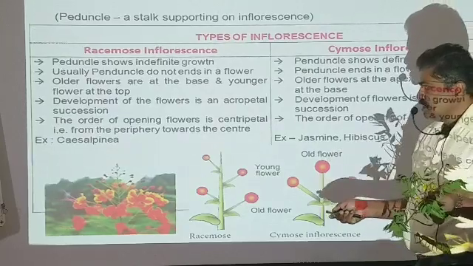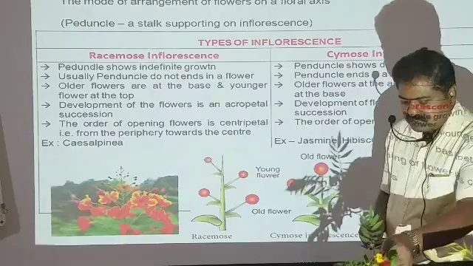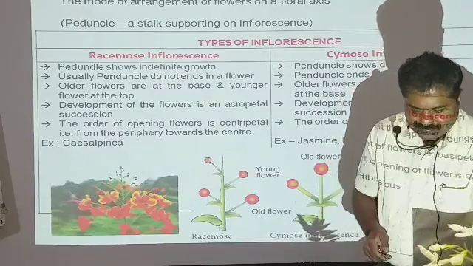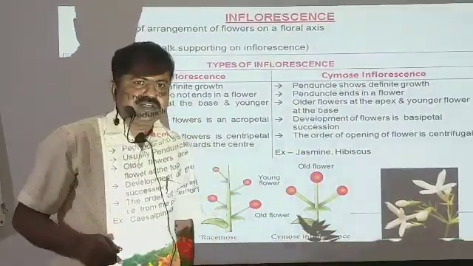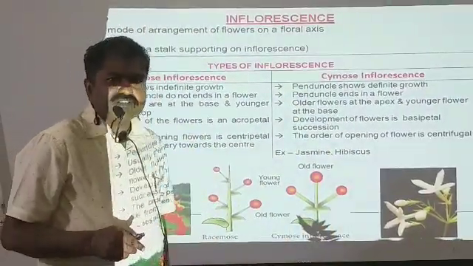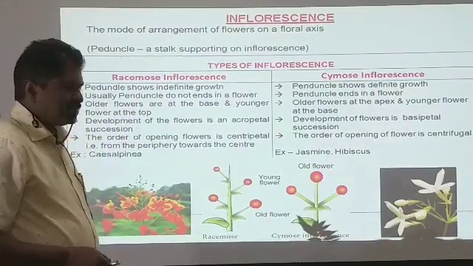It can be seen in plants like caesalpinia. In the racemose inflorescence, the older flowers are at the bottom and younger flowers at the top. That is the nature of the racemose inflorescence.